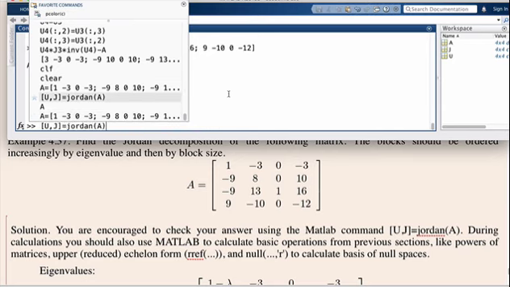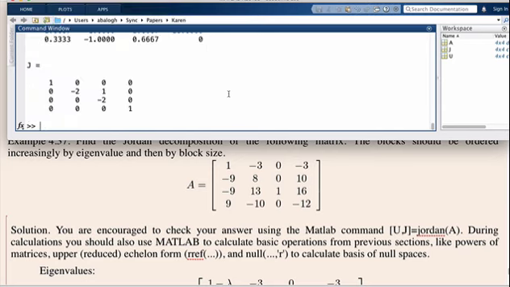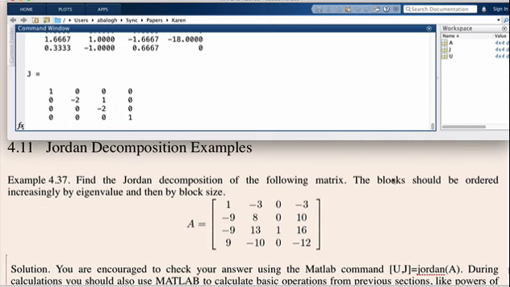Let's try again. You can use the up arrow to go back to the previous command and do the calculation again. So this is the Jordan decomposition. Note that this is not exactly what we need, because we have to order the blocks increasingly by eigenvalue and then block size.